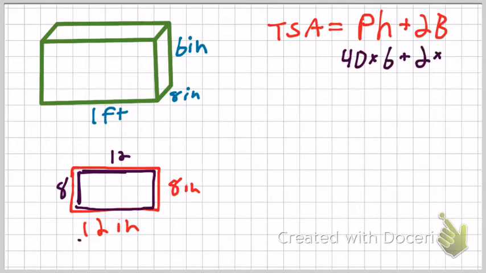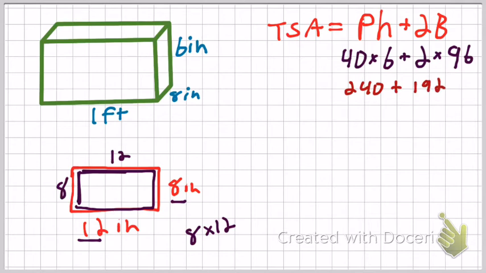So that would be base times height. 8 times 12. Base times height. What would be 96? All right. Now, at this point, you can do it by hand or you can just plug it into your calculator. Either way is fine with me. I'll do it by hand. This would be 240 plus 192.